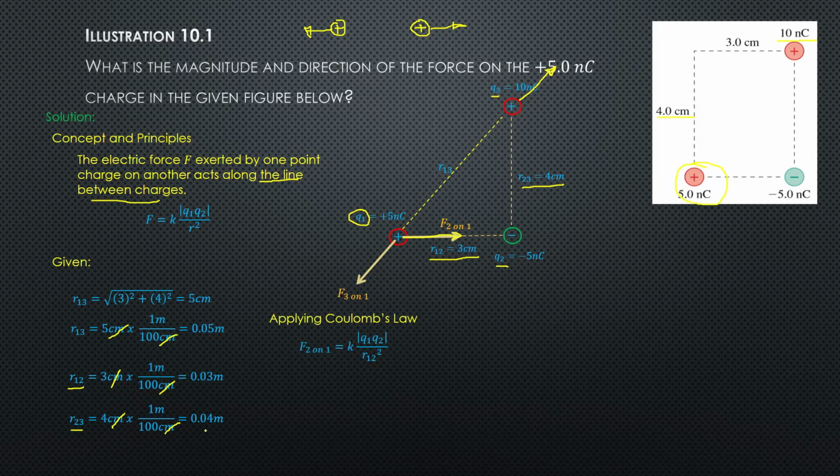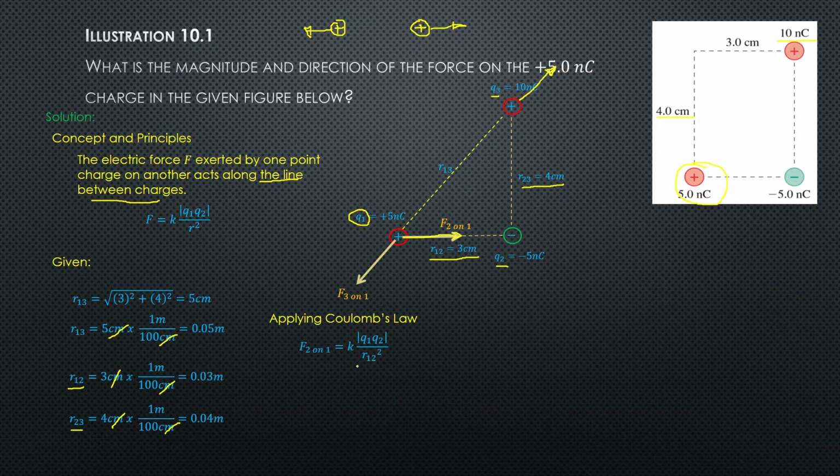Now applying Coulomb's law, the force acting on 1 by charge 2 is equivalent to K Q1 Q2 over R squared. That is charge 1 and charge 2, Q1, Q2, and the distance between them is R12, squared, so the square of the distance.